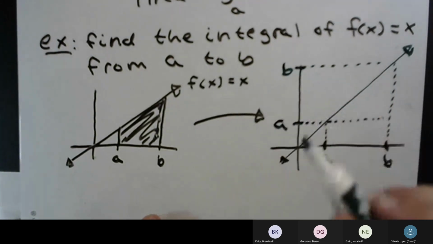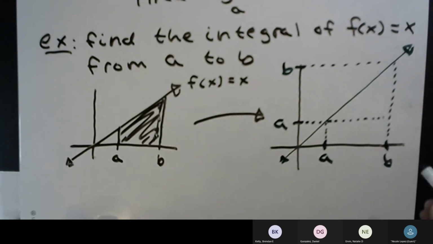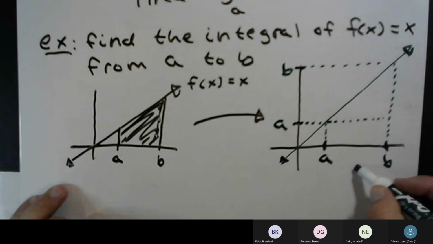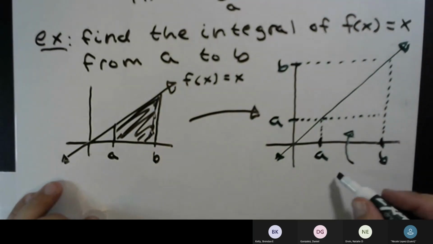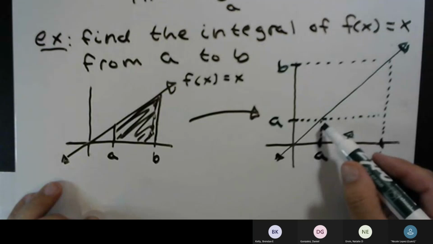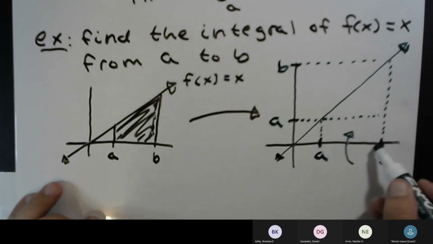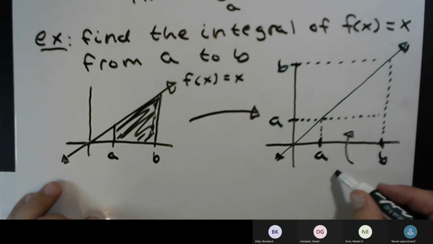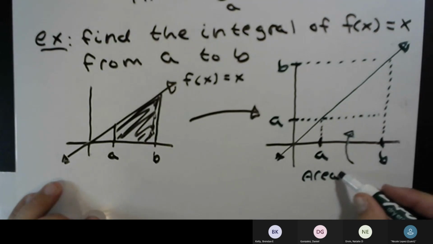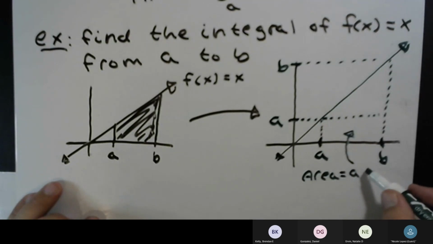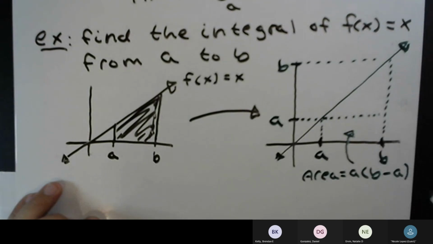Here's our b. So this area here will have a height of a and a width of b minus a. So the area is a times b minus a.